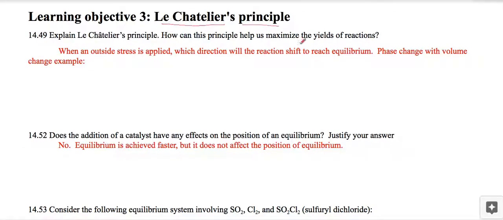So let's say we have an equilibrium reaction like this, H2 plus N2 makes NH3. We have a K value for this of 1.2 at a specific temperature.